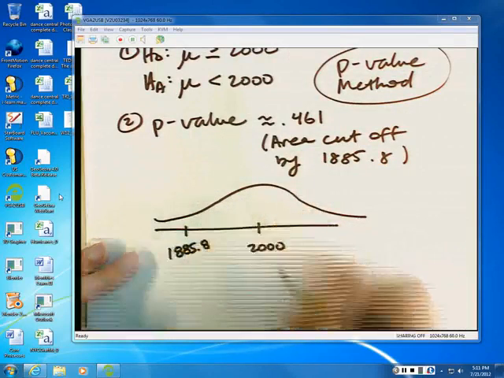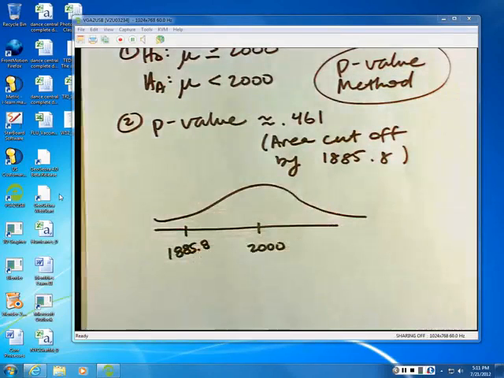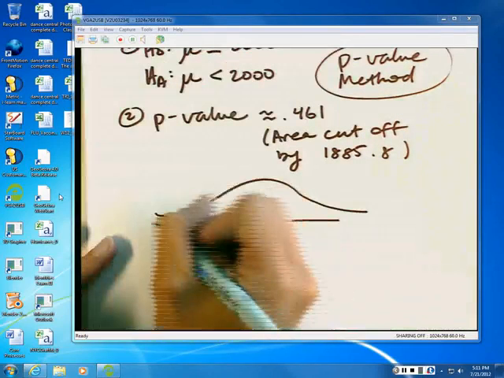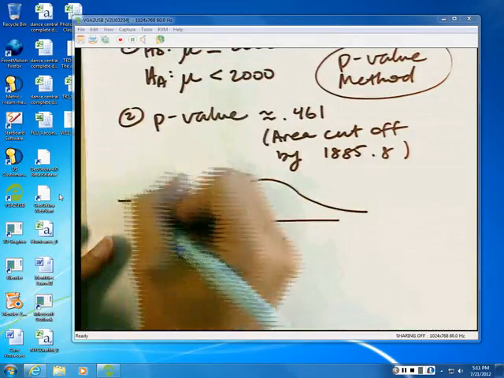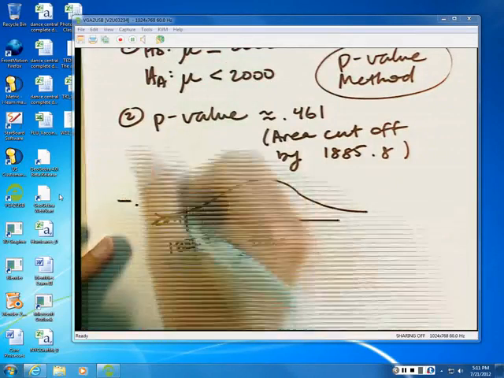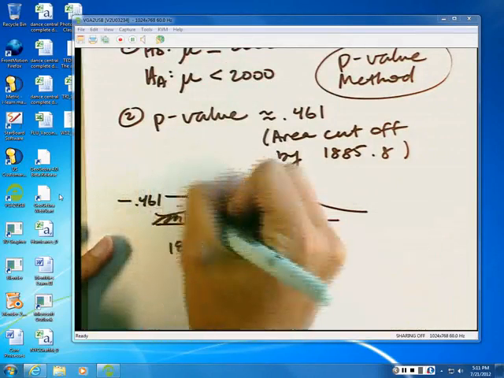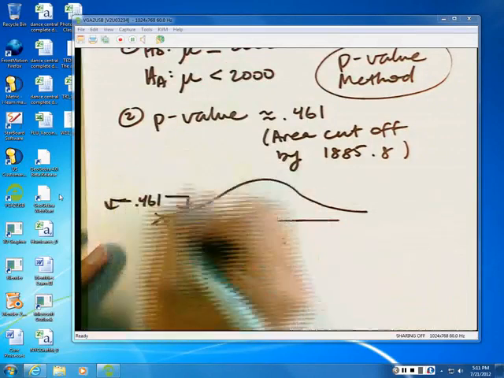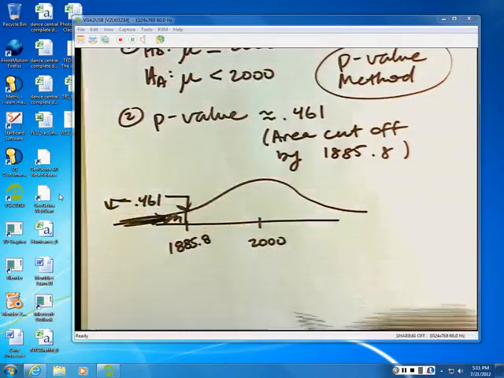That tells me that the area that I've just cut off, which is this right here, is 0.461.